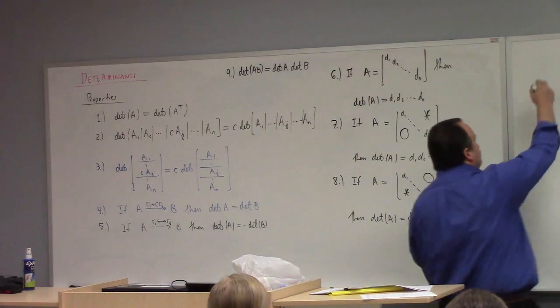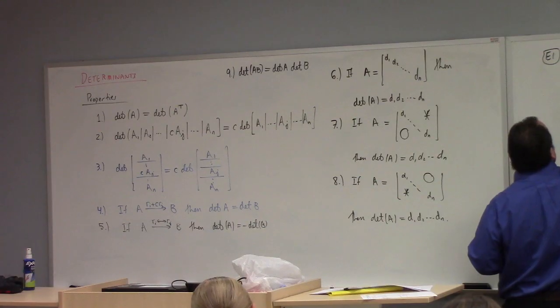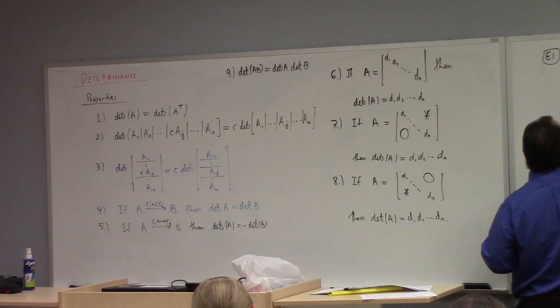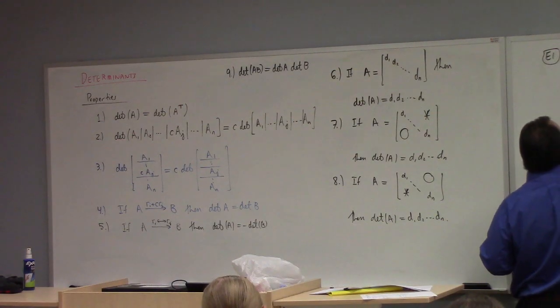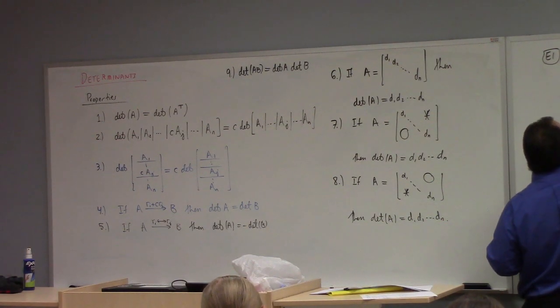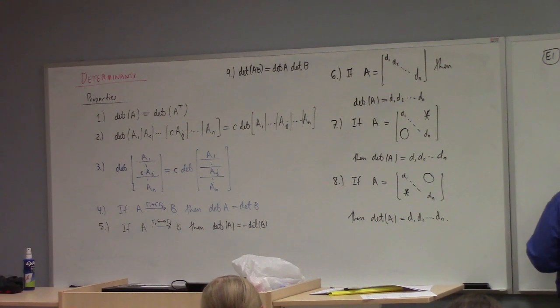So, like example 1. Suppose we have L is 1 0 0, 0 3 0, 4 5 7, and let's suppose U is equal to 2 4 10, zeros down here, and 5 pi natural log of 2.